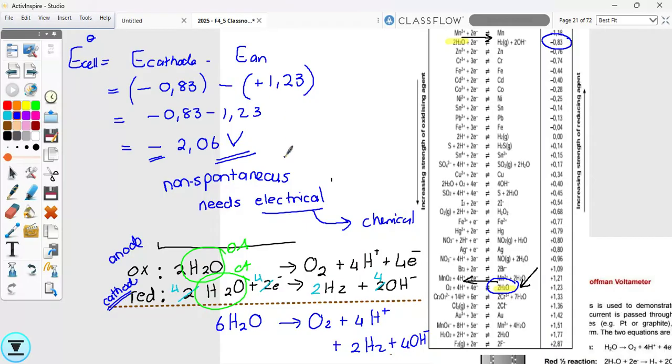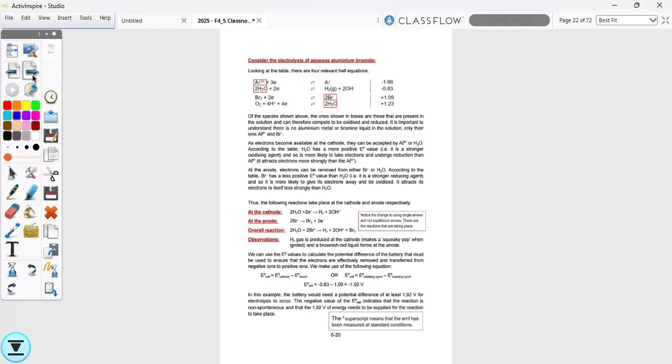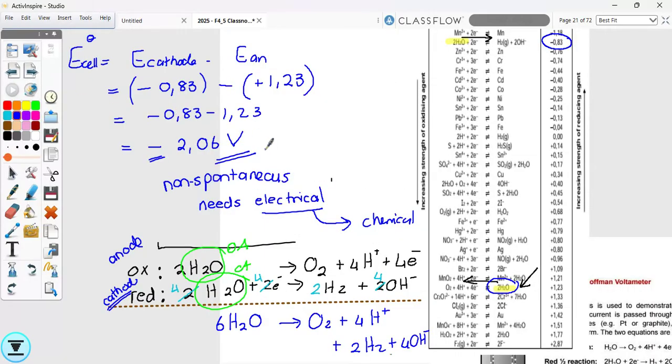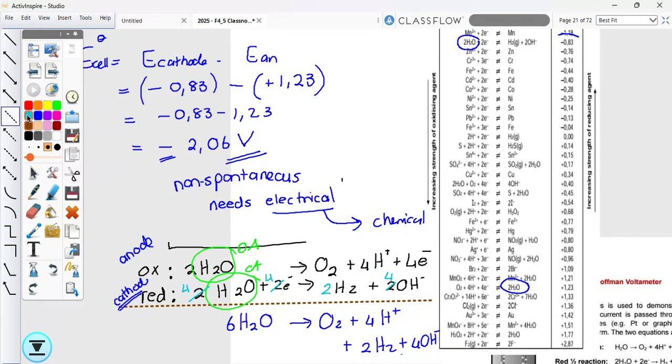Does the voltage make sense now? Okay, good. Yeah, that's the best way of doing it. There's a shortcut way of doing it. If you draw a line between your substances, so there was our one water and there was our other water, a very quick shortcut that you can use, especially if it's a multiple choice question, you draw a line between them.